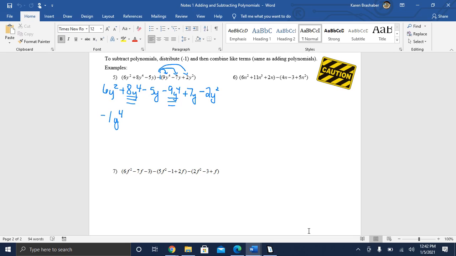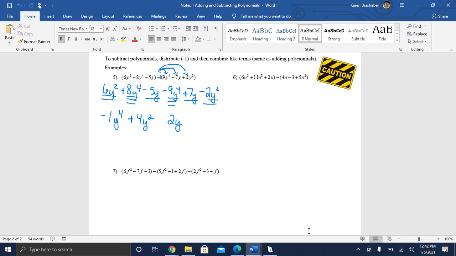I do not have a y to the third in this problem, but I do have a y to the second. So 6y to the second combined with negative 2y to the second will be positive 4y to the second. And then finally, I have negative 5y and positive 7y, and those will combine to give me positive 2y.